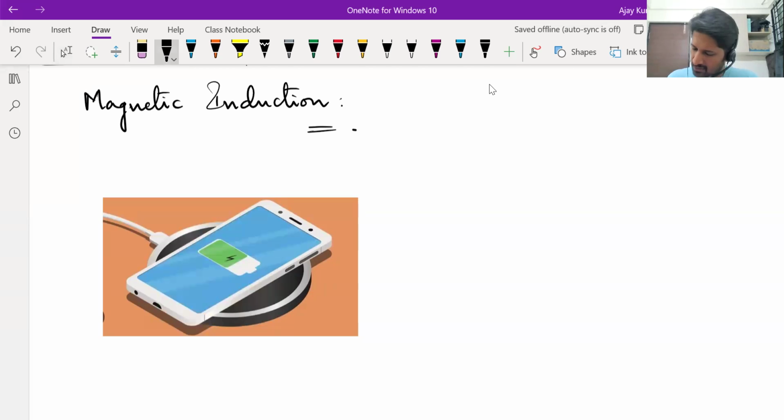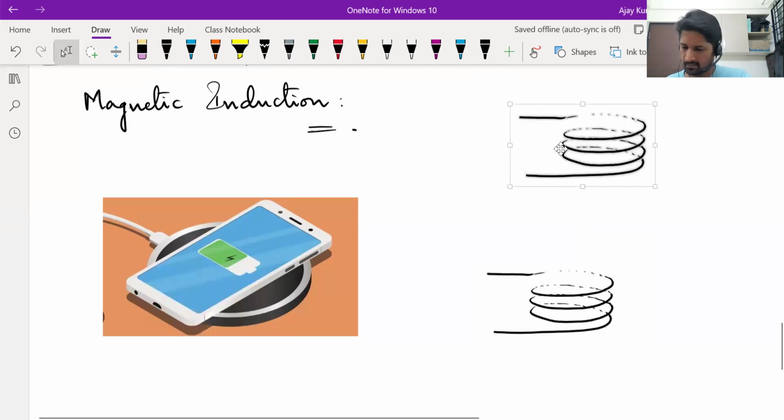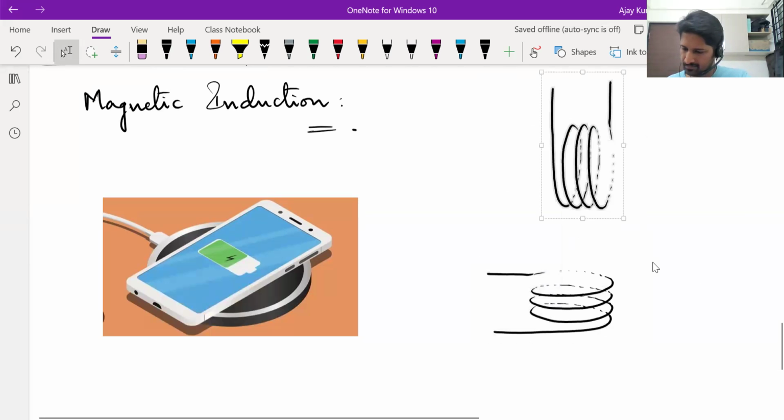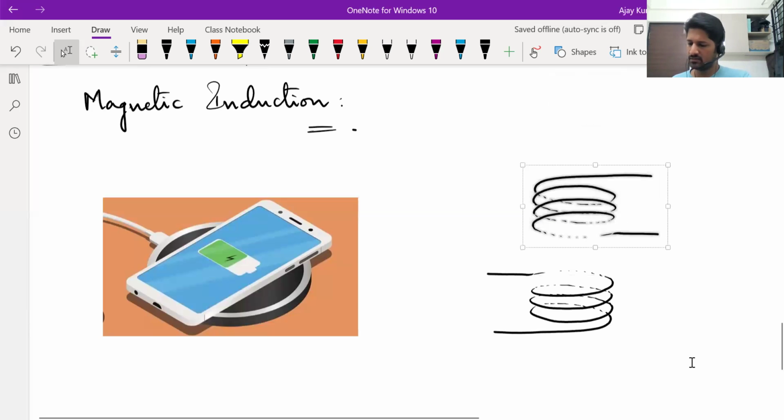So basically how it works is this. Consider one coil like this, having a number of windings. And another coil. Let's say there are two coils.